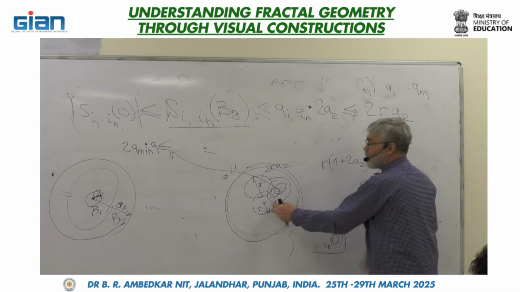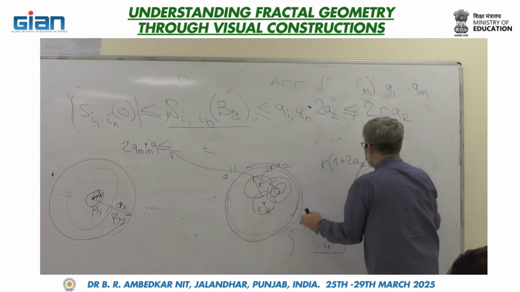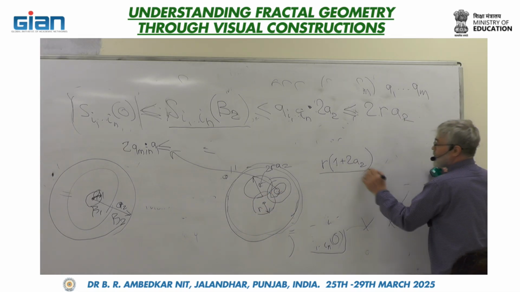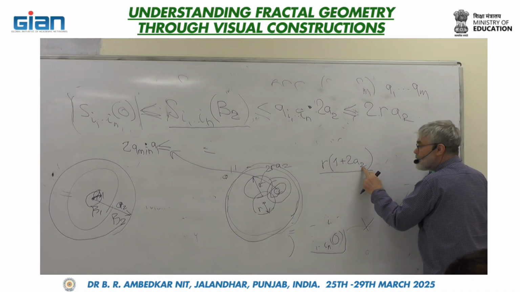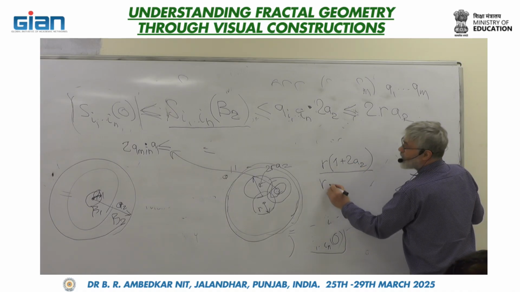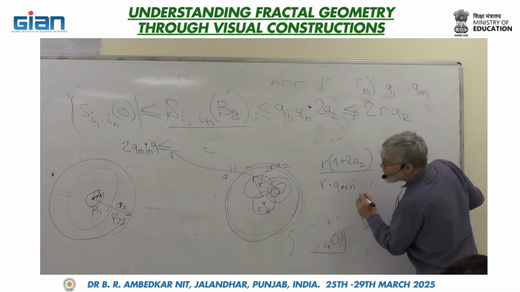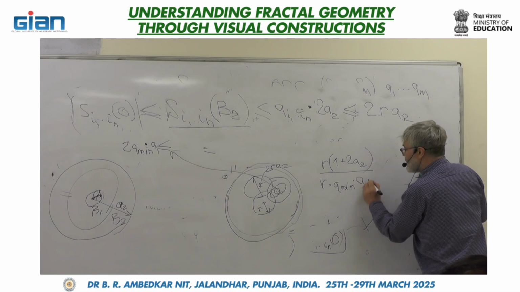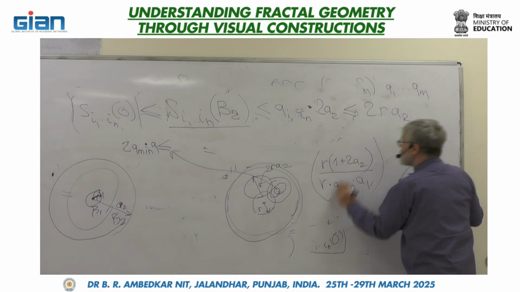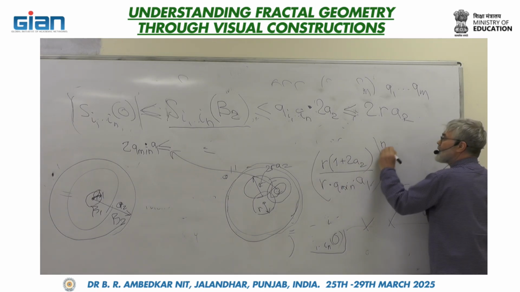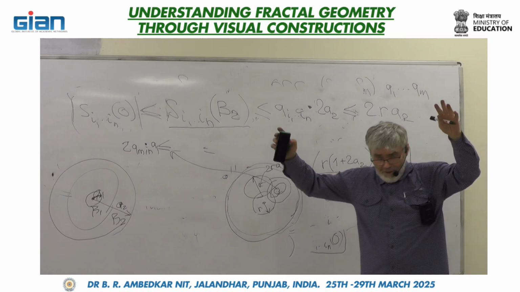So now we need to count how many balls of this radius can be contained in a large ball of this radius. It will be R multiplied by 1 plus 2A2 divided by R Q minimal multiplied by A1, and all this to the power of n, where n is the dimension of the space.